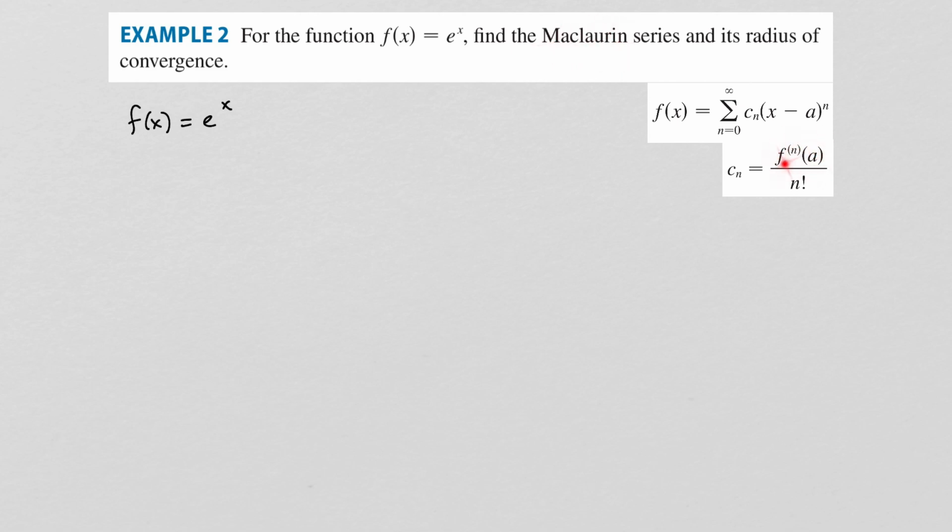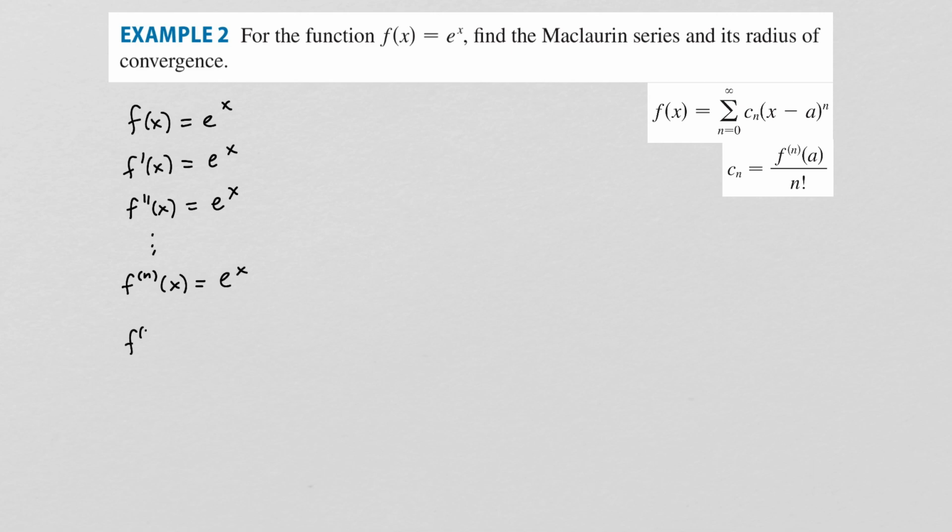So the first thing we need to do is find the nth derivative. But again, this is very simple because the first derivative of e to the x is e to the x. The second derivative is e to the x, right? All derivatives of e to the x are equal to e to the x.